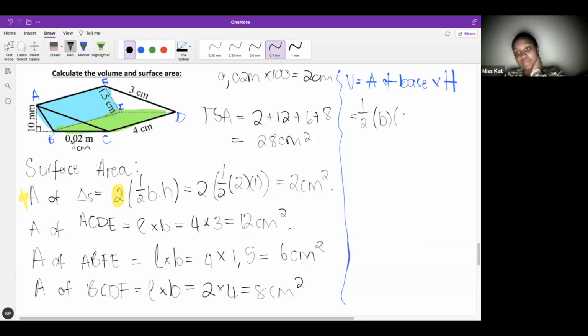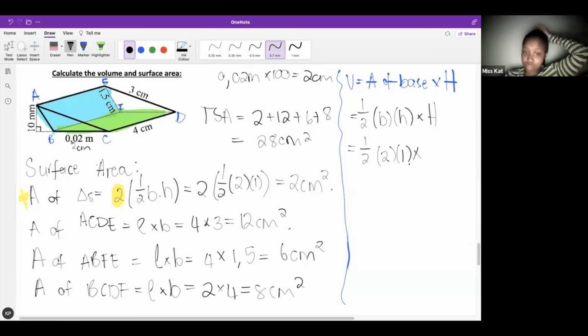A half of base times height times big height. We said the base was 2, times the perpendicular height again, which is 1, times the big height, which is how much? 4.